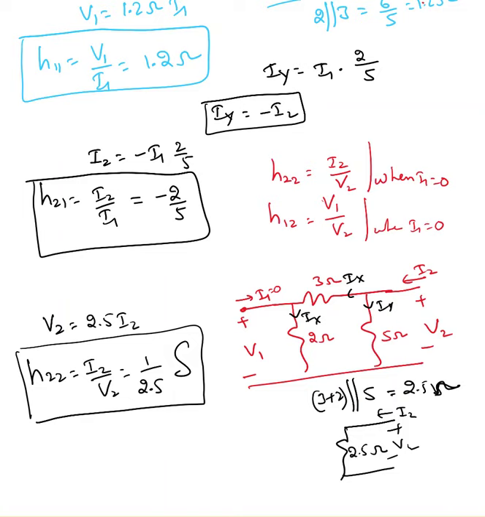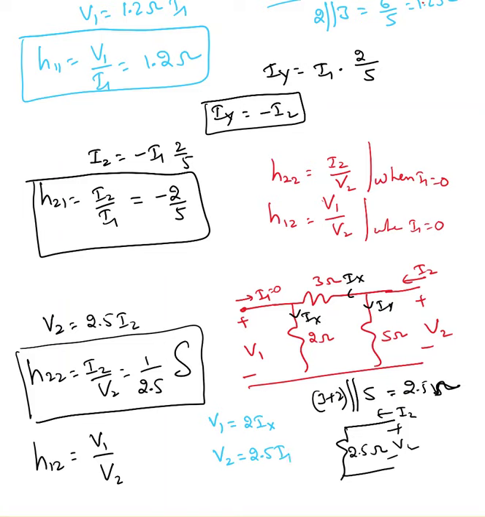Now finding h12. The goal is finding h12, which is v1 over v2. Now v1 and v2 are both voltages, so there is no unit for h12 either. From this circuit, v1 equals 2Ix, and after simplifying, v2 equals 2.5 i1.